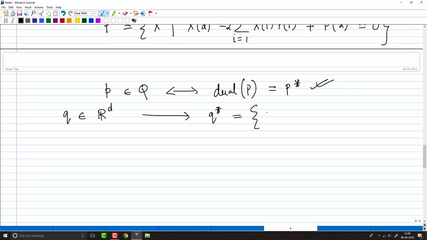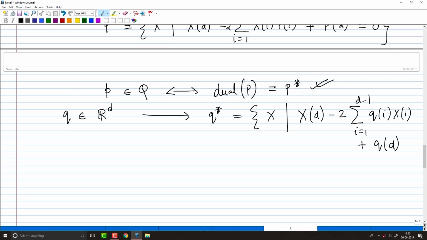It is all those x such that x_d minus 2 times the summation of q_i x_i, i equals 1 to d minus 1, plus q_d is equal to 0.